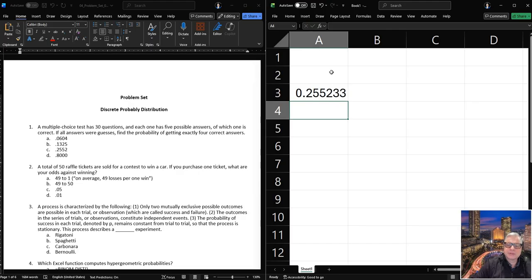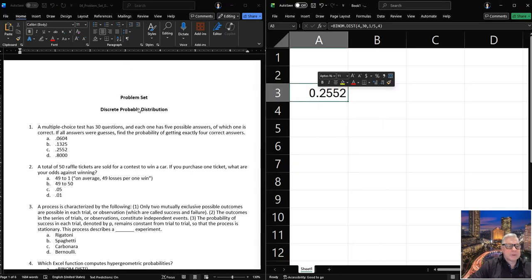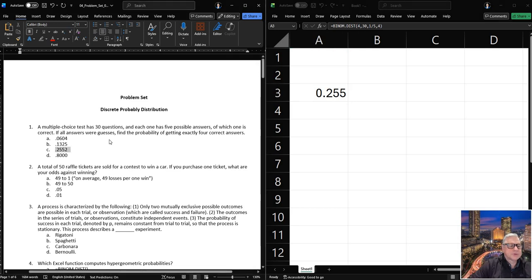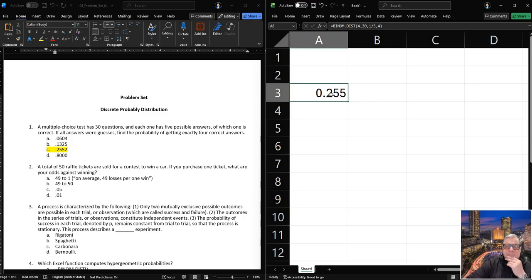So the answer is 0.25. Okay, multiple choices, 30 questions. So it's answer C.